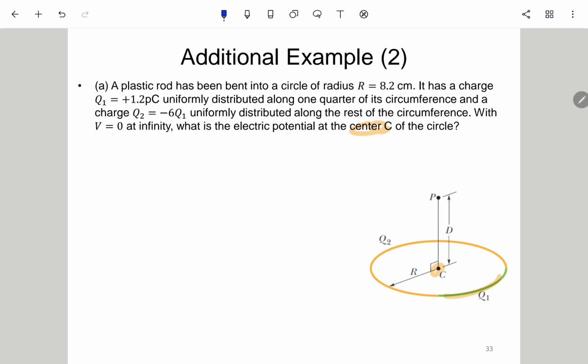Okay, so yeah, if we need to calculate the E field, then that will be very complicated, but hopefully this is a problem asking you to derive the electric potential.